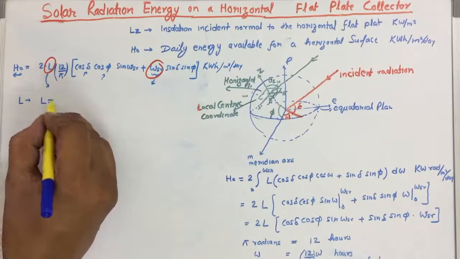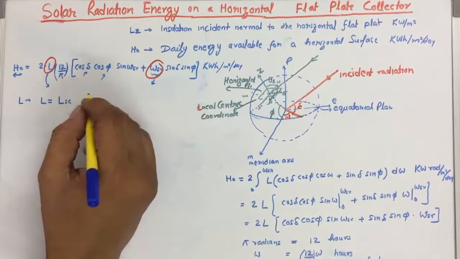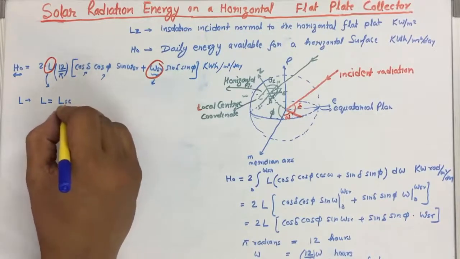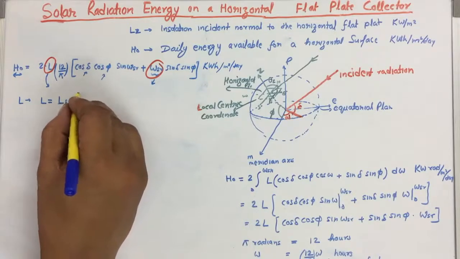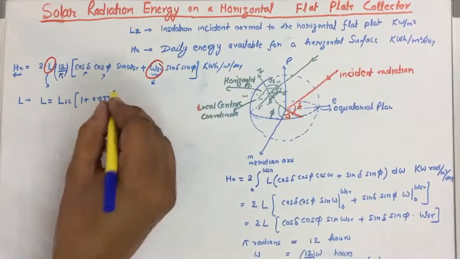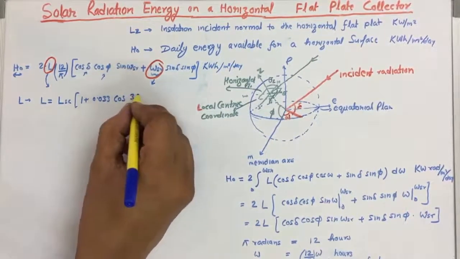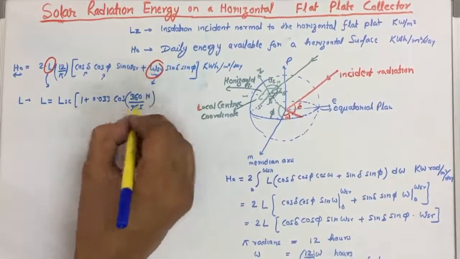L is equal to LSC, that is the mean solar constant, termed as LSC, times 1 plus 0.033 cos 360 by 365 n.